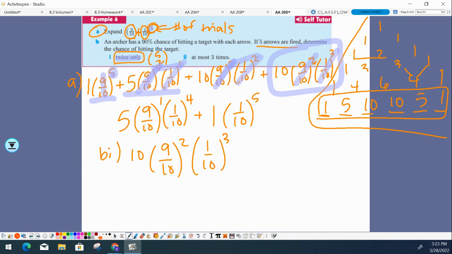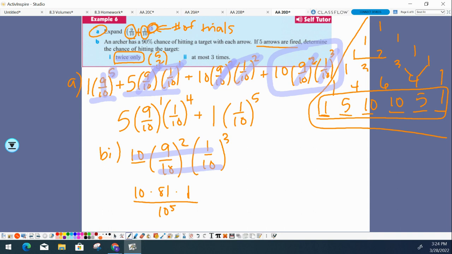All right, so let me show you how you can do this. This is just 10, right? 9 squared is 81. 1 squared is just 1. So we can just do all of the numerators over all of the denominators, but I have 10 squared and 10 to the third, so I have 10 to the fifth.